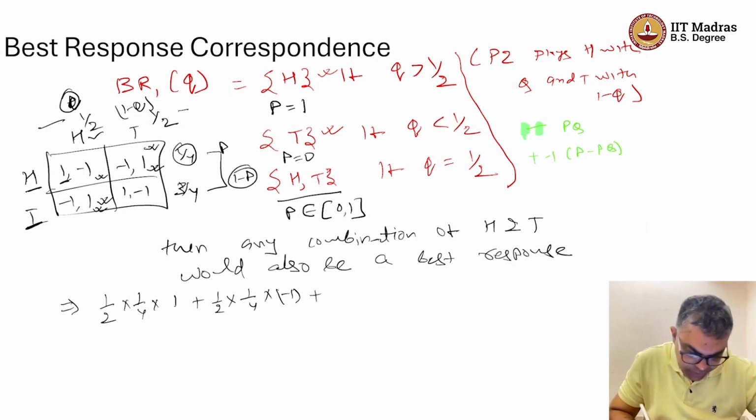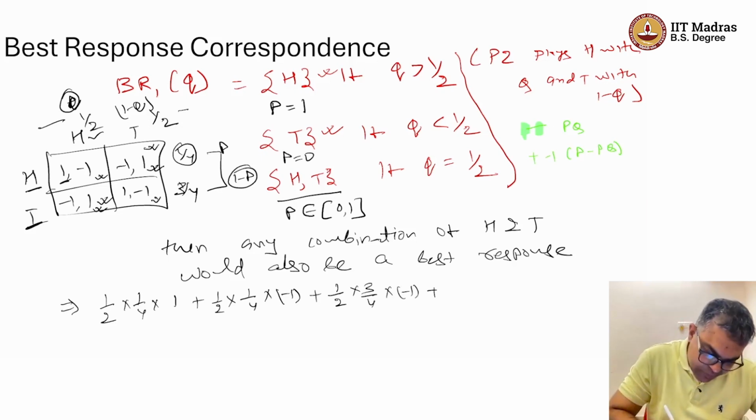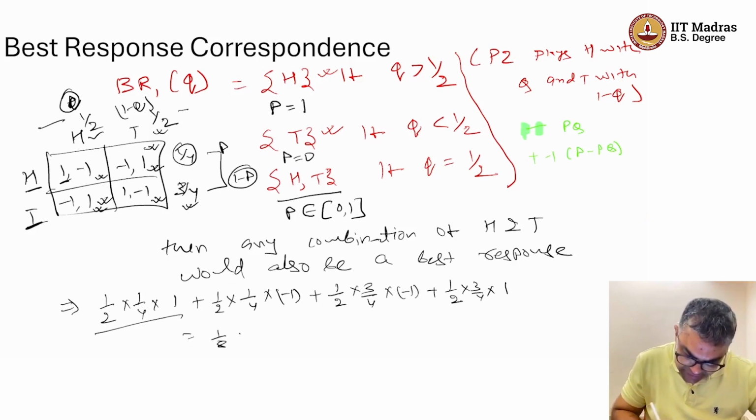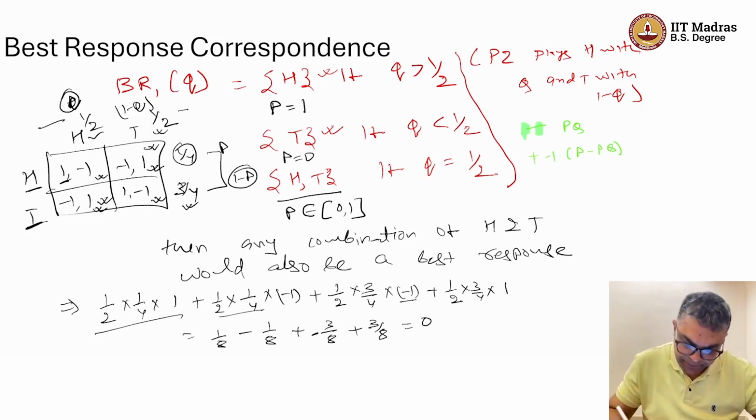This box happens with probability half multiplied by 3 by 4 multiplied by minus 1, and this box happens with probability half coming from here and 3 by 4 coming from here, multiplied by 1. So this is 1 by 8, this is minus 1 by 8, this is minus 3 by 8, and plus 3 by 8, it gets cancelled. So we see that the payoff comes out to be 0.